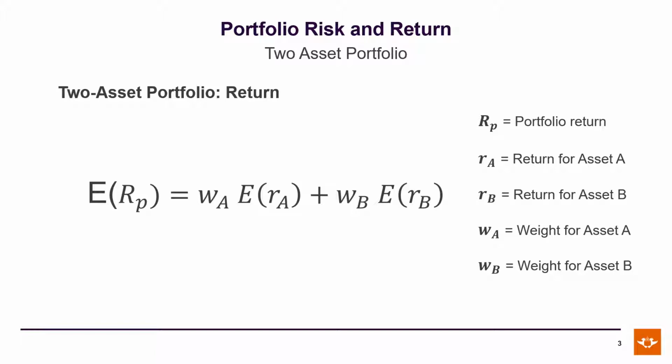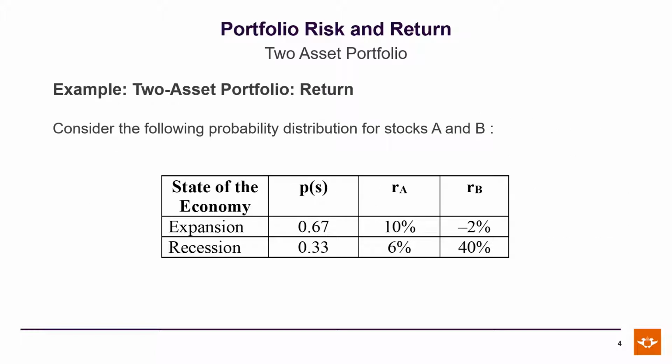I'm going to try and understand these concepts for a portfolio by means of an example. So you have the following probability distribution for stocks A and B. We're going to look at the state of the economy. And the economy only has 2 phases, expansion and recession. There's a 2/3 chance or probability of an expansion, 1/3 for a recession.